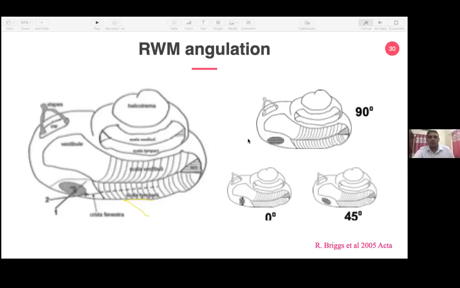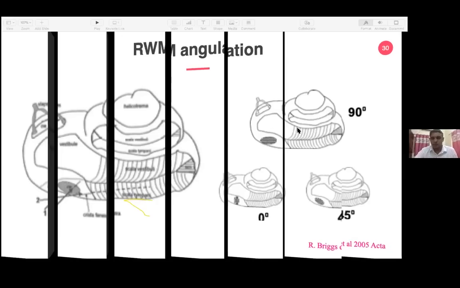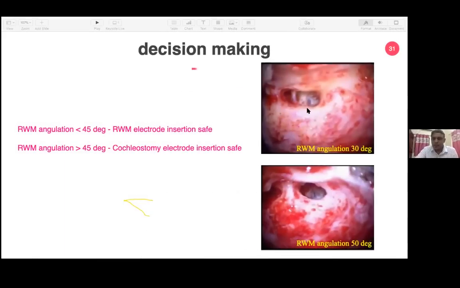Rob Briggs from Australia in 2005 in Acta, also described by Thomas J. Balkany, recommends a round window favorable angulation of less than 45 degrees. If it is more than 45 degrees, it is not an ideal situation to go ahead and do a round window electrode insertion. So a simple question: how do you decide whether to go ahead with a round window insertion or resort to a cochleostomy?